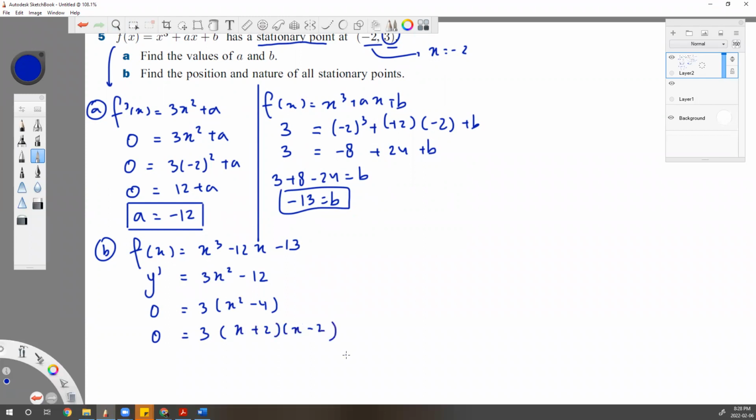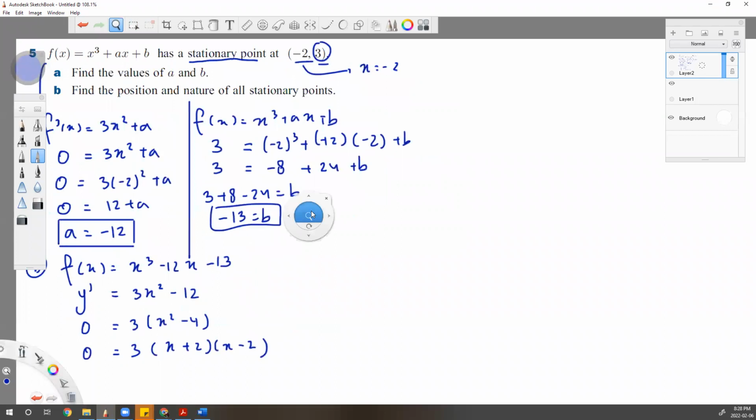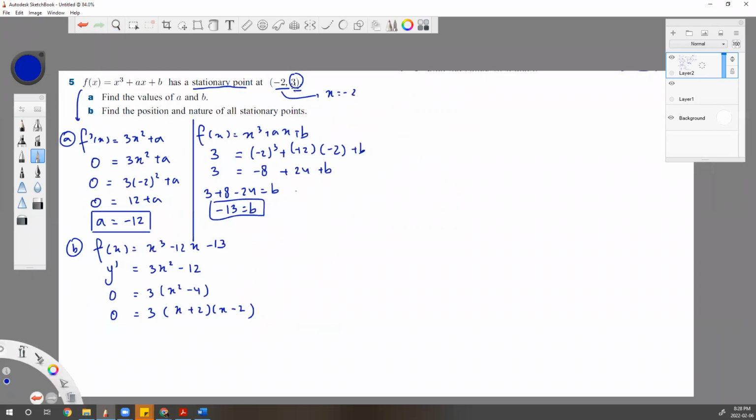Do the factorization. And we have not only negative 2, but also 2, right? So this is when x equals -2. Here x equals 2, we have another stationary point.